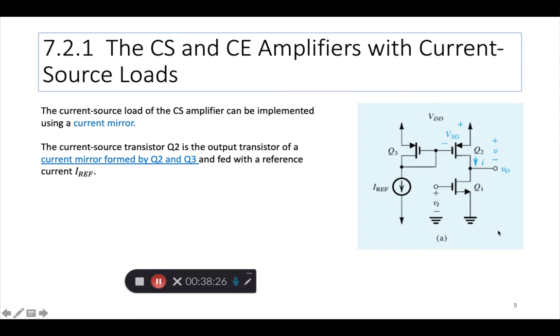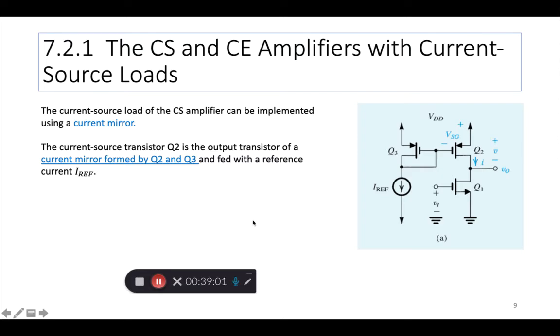So you are applying the input Vi to the gate, to the common. The common we know is the source terminal, and the output we are getting from the drain of the amplifying transistor Q1. The output is coming drain to ground, and ground is again the source of Q1. Okay, so you can see Vi and Vo. Okay, and of course this I reference is the biasing of this device.